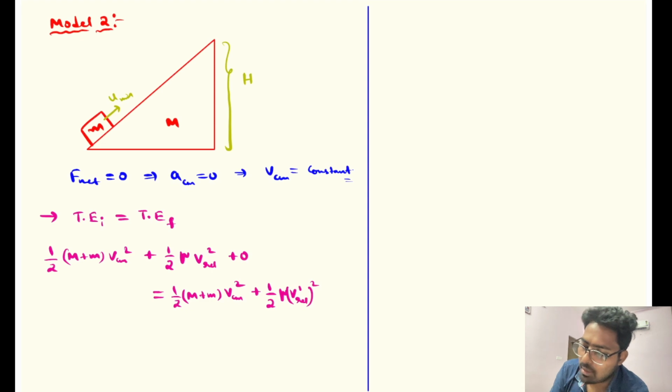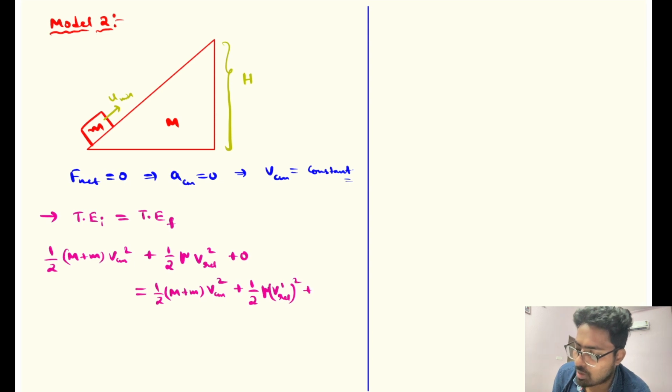V relative is the initial relative velocity, and V relative dash is the final relative velocity. Plus now it has climbed some height, so I'll equate it to mgh.